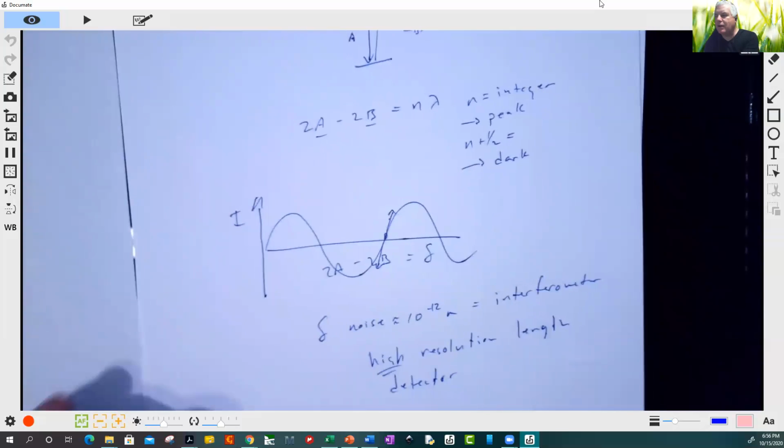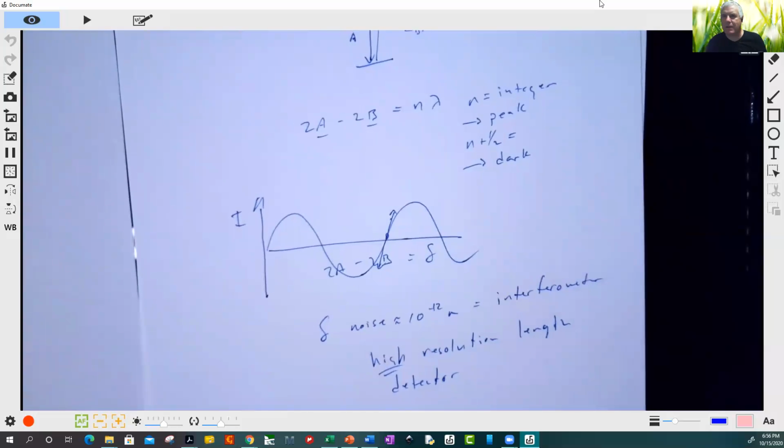And how did they do that? Well, I don't know. They manage somehow, right? They use a megawatt of laser power, et cetera, right?